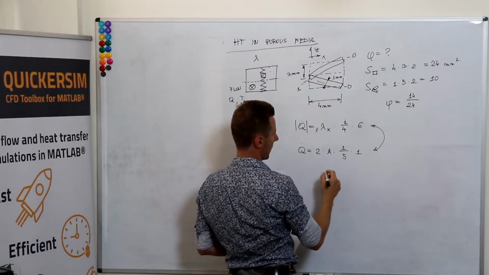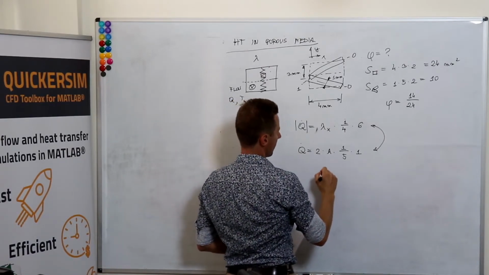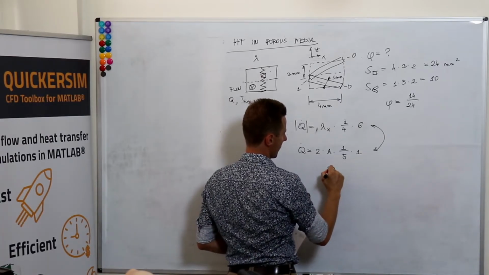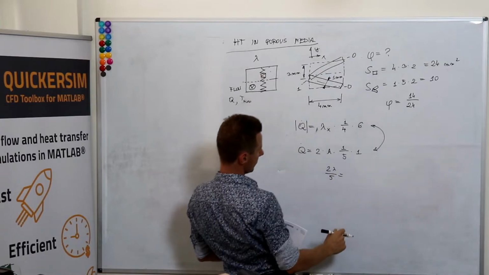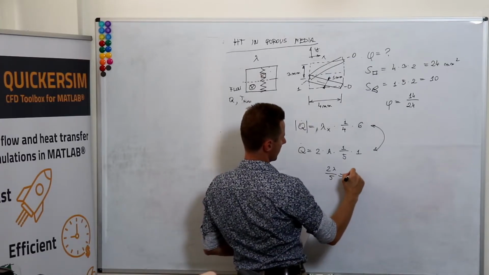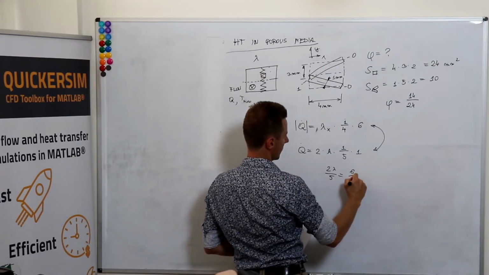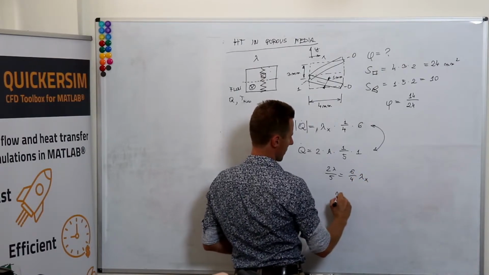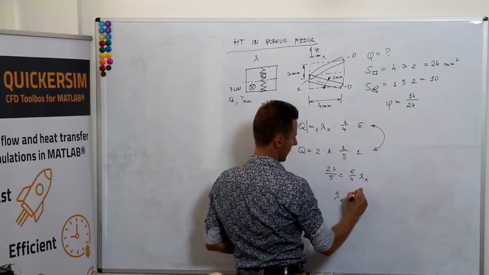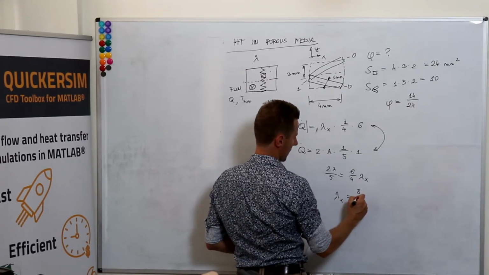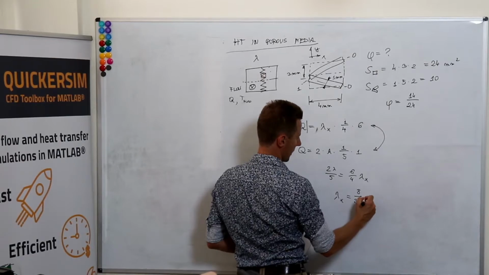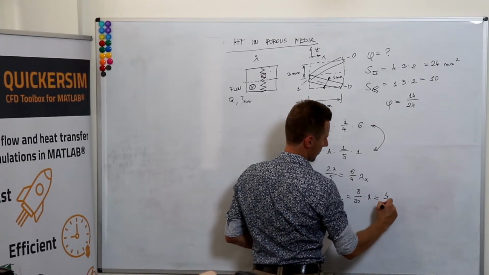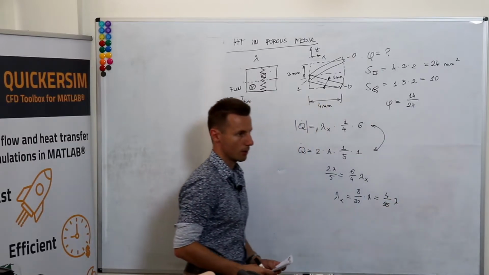So let me write that. So lambda x would be 8/30 lambda, which is 4/15 of lambda.